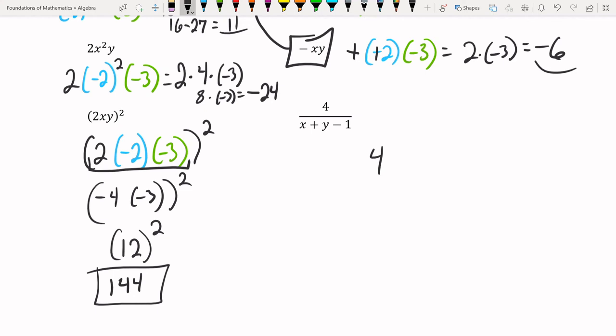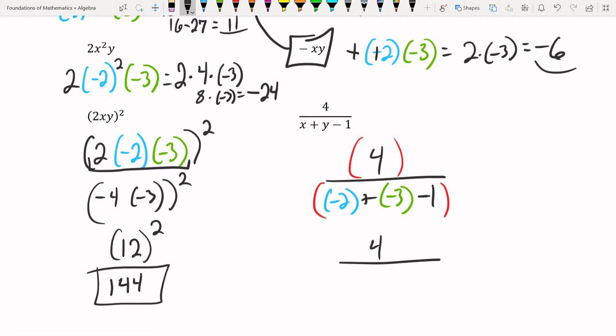4 over x, which is -2, plus y, which is -3, minus 1. Again, this is a fraction bar, so we do the top and the bottom in parentheses, and we solve those first. The top's already solved, it's just 4. The bottom is -2 plus a -3, plus a negative means minus.